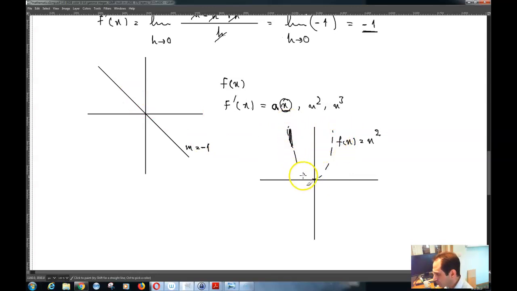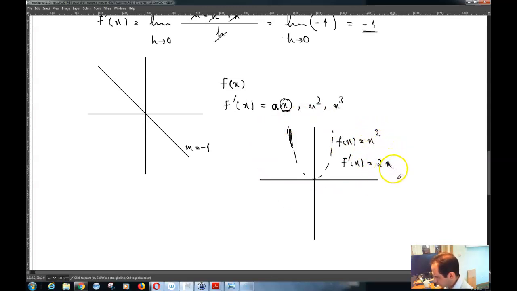And on a curved line, what happens is that the slope is changing. So at any point, the derivative is going to be different. So the slope is not constant. Since the slope is not constant, when I calculate f prime of x here, in the case of this function, I will get 2 times x.